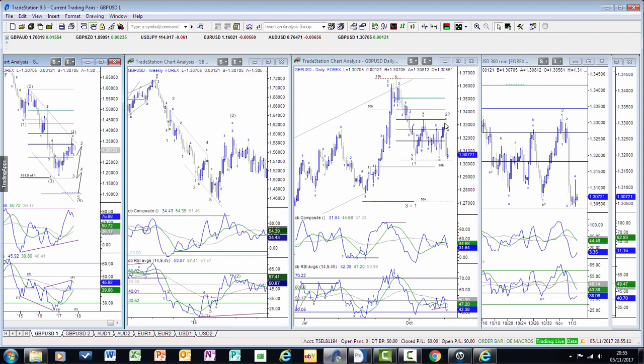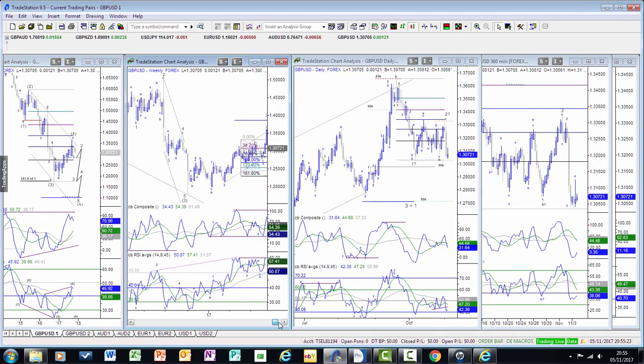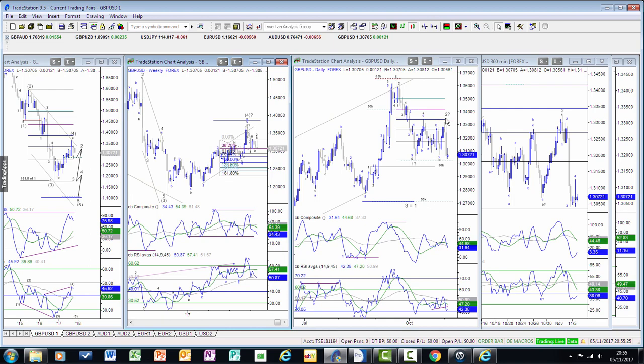So if this correction is complete at 50%, and that remains to be seen, this third wave may be underway, it may not. But if this is the case, it's a very shallow 50% retracement for a second wave.